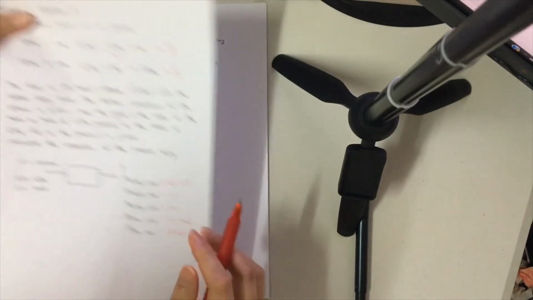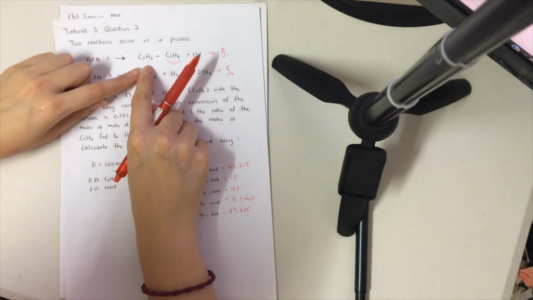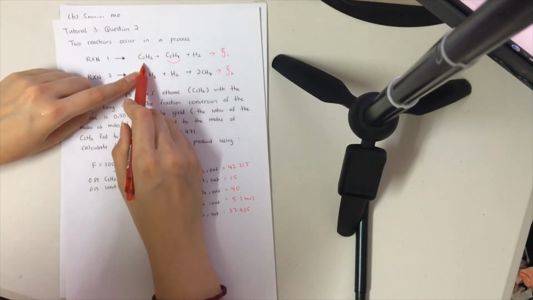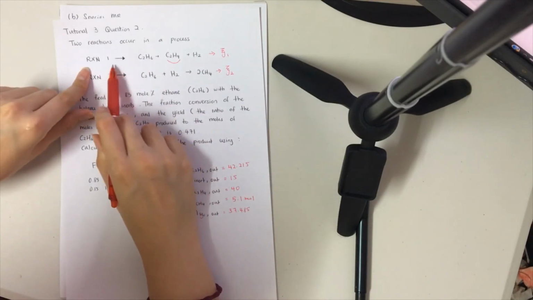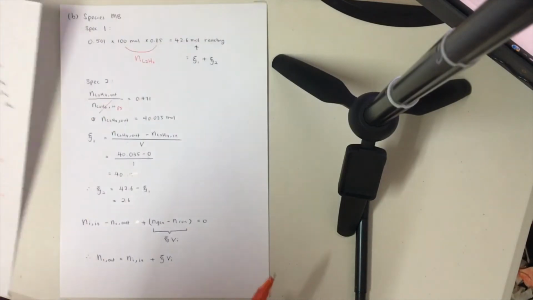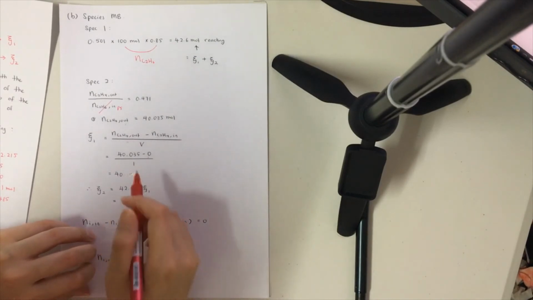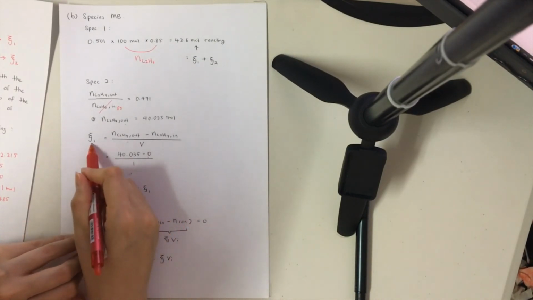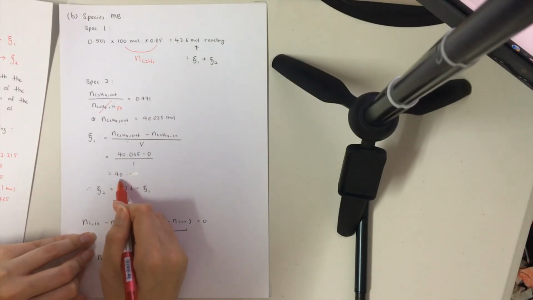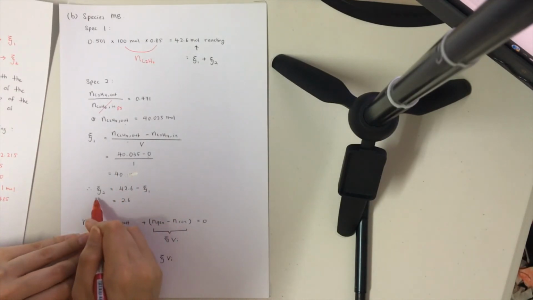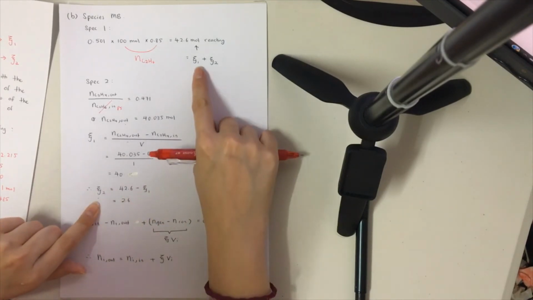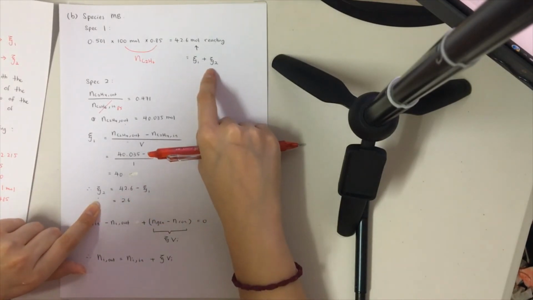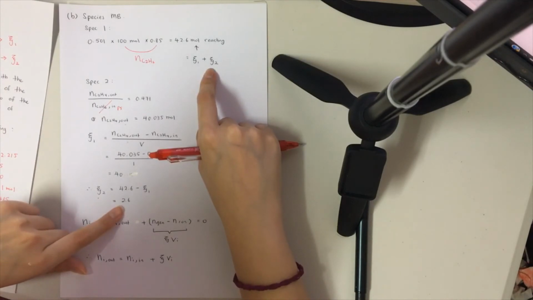Okay, there's no C2H4 going into the reaction. If you look closely, it's only C2H6 in reaction 1. And the stoichiometric ratio is 1, and we found that extent of reaction for number 1 is 40. And we can easily find extent of reaction 2, since we already know this is 2.6.